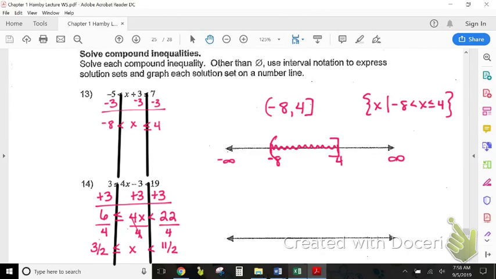Alright, now left minus fractions, but they're nice pretty decimals, so you're welcome to use them, okay? Alright, so I can see 3 halves, which is what, 1.5. 11 halves, which is 5.5. X is between them. 3 halves has an equal to, so use your square bracket. 11 halves does not, so use a parenthesis.